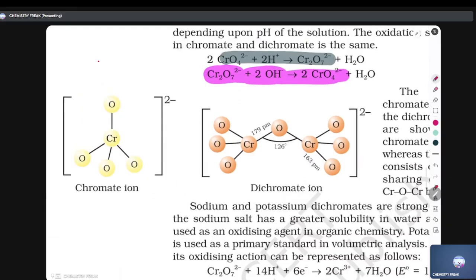Chromate is CrO4 2 minus. Dichromate is Cr2O7 2 minus. These are the structures drawn. Here chromium has 6 valence electrons.